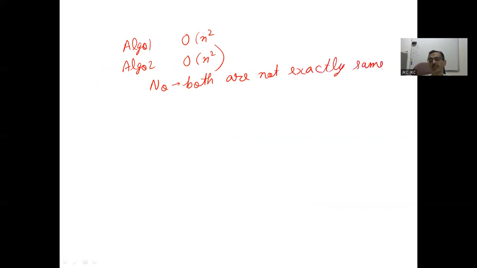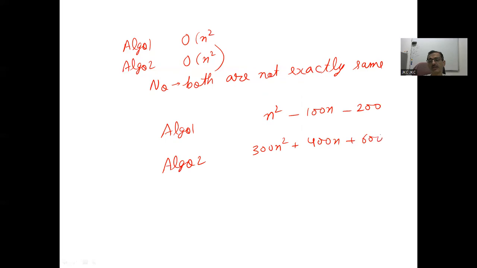It is still possible that algo 1 could have been, let's say simply, n square minus 100 and minus 200. Algo 2 could have been 300 n square plus 400 n plus 600.